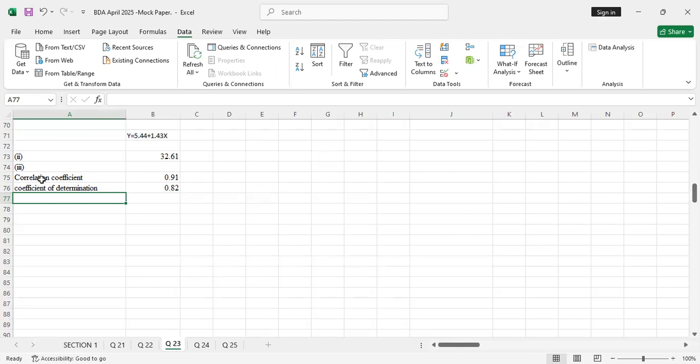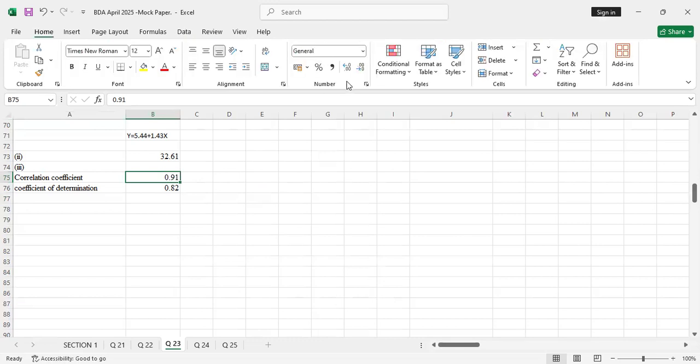So you can see that 0.91, when you round it off, when you reduce the decimals, it will go to 1. You can see it changes to 1 automatically. So that 0.91 is 1.